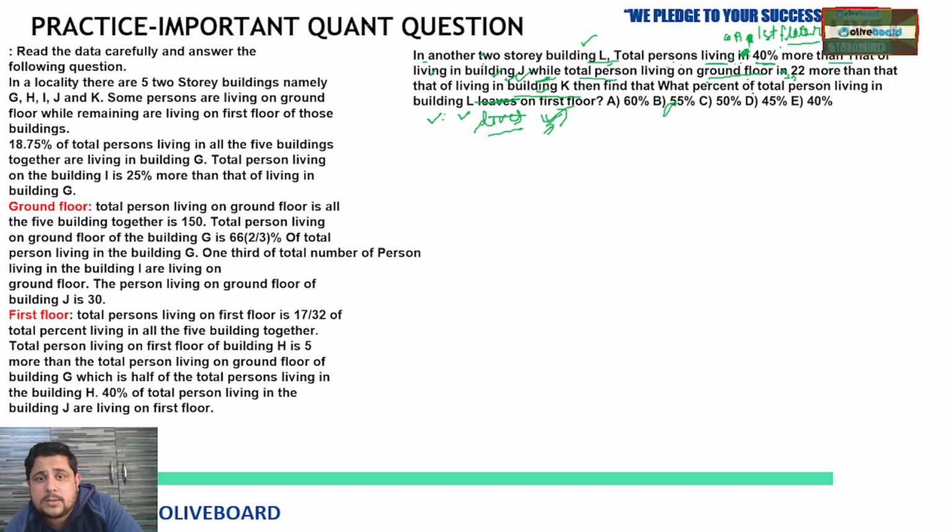Okay, so here they are talking about another two-story building L, total persons living on the first floor. So building J data we must capture here, and building K also. Then we will solve this.